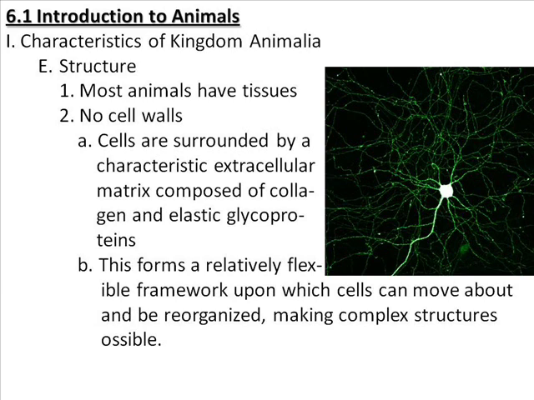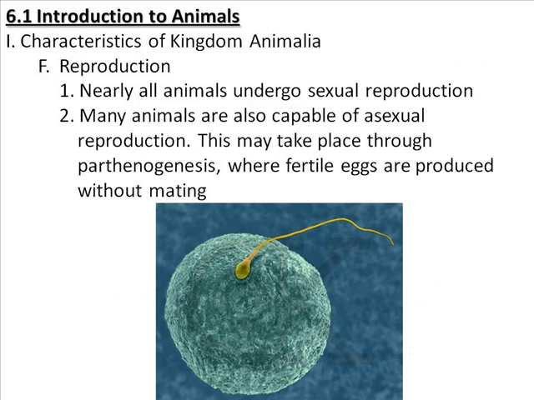It is stained with a phosphorescent dye so that you can see the complex dendrites coming out from all of it. And of course the axon, which is the big bright appendage coming out of the cell. If animals had cell walls, complex cells such as this one would not be possible. So the many innovations we see in the animal kingdom based on the cellular level are all possible because animal cells do not have cell walls.